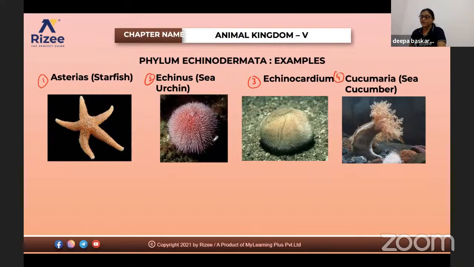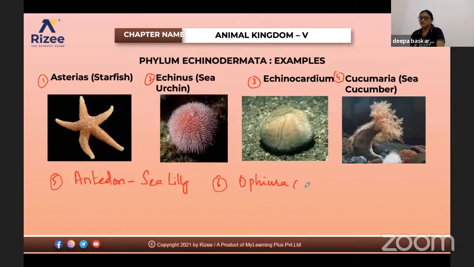Apart from that, Antedon, sea lily. And the next example is Ophiura, that is brittle star. Clear? These are the examples you should know for echinoderms. That's all about this.